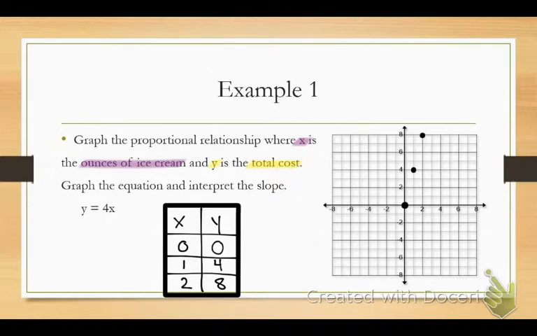Doesn't this line look pretty familiar to 4.1 when I graphed a linear equation? Yes, it does. It's going to be a straight line. But here's the deal with proportional relationships, and we just talked about this in our terms. It will always pass through the origin. It will always pass through 0, 0.